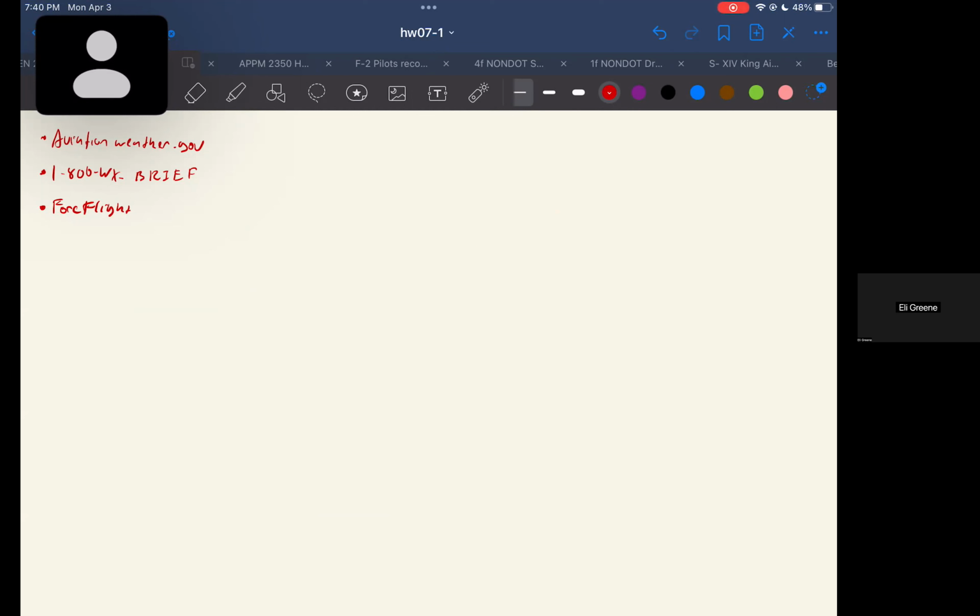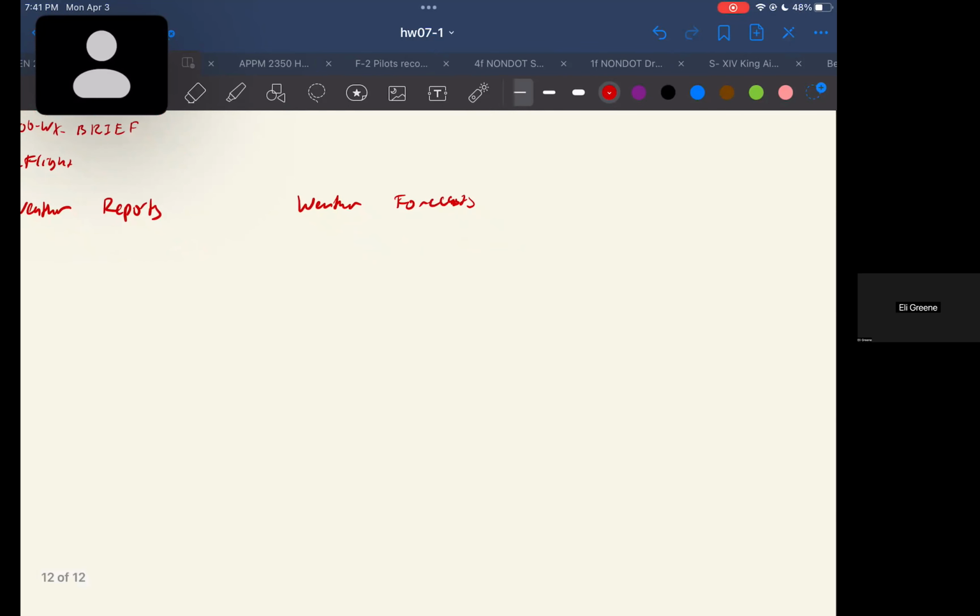There's a lot of different charts and a lot of different ways to describe things. The biggest way that we're going to break things up, you have weather reports, you have weather forecasts, and then you have weather charts.